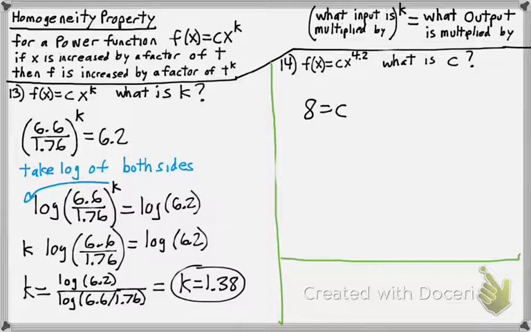The x value is 4, and the k they already give you as 4.2. So c is equal to 8 divided by 4 raised to the 4.2. So c would be equal to 0.02.